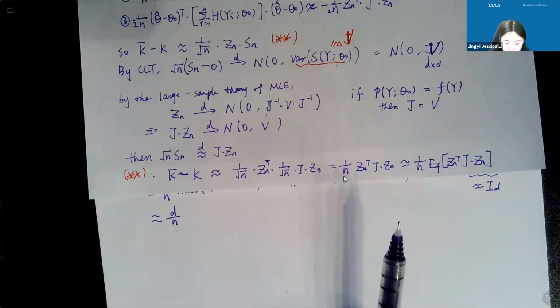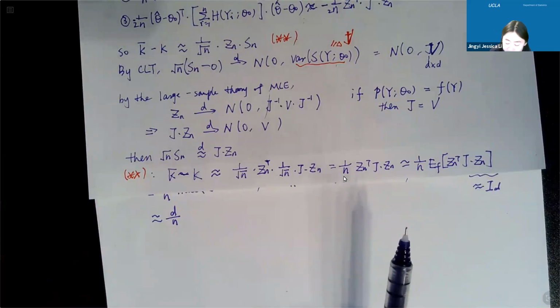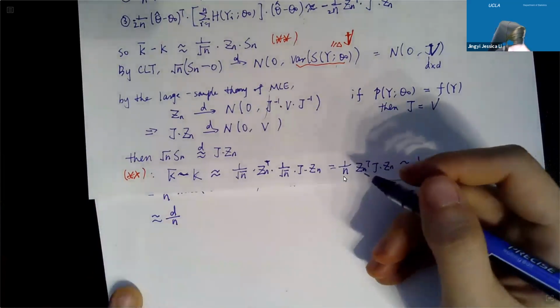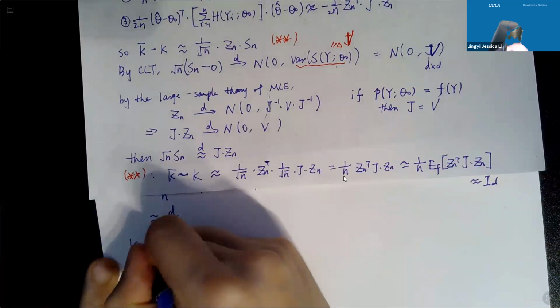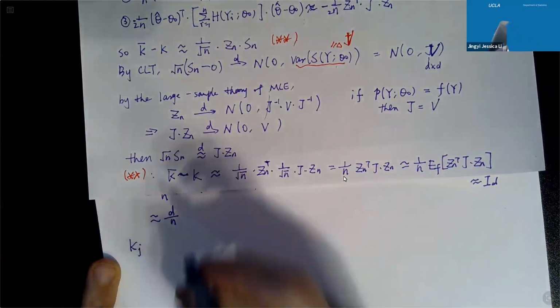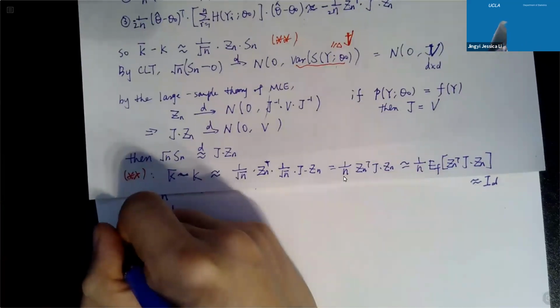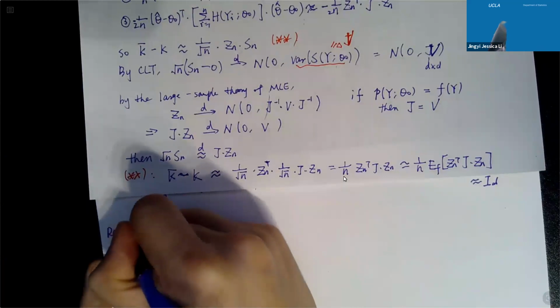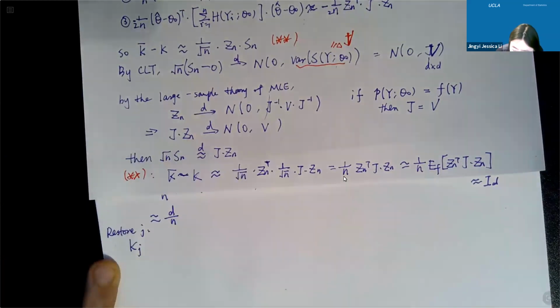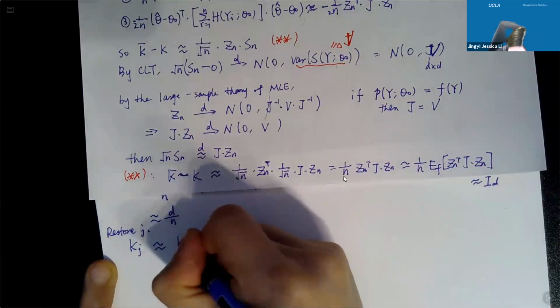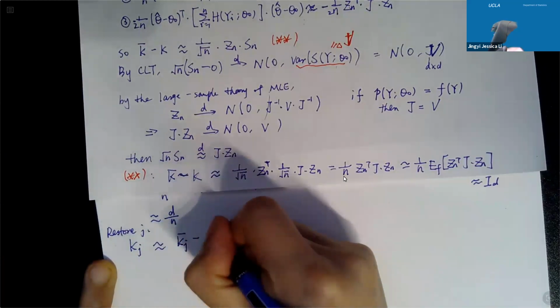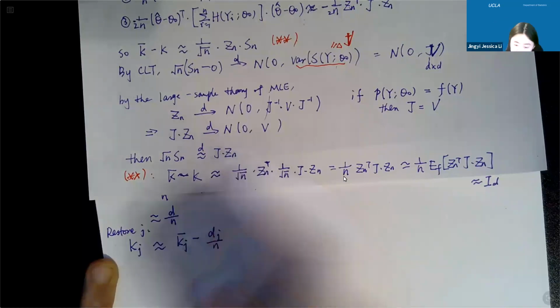And finally, this is how we get the AIC. So we restore the subindex j for model j. What we said is that kj can be approximated by kj bar minus dj over n.